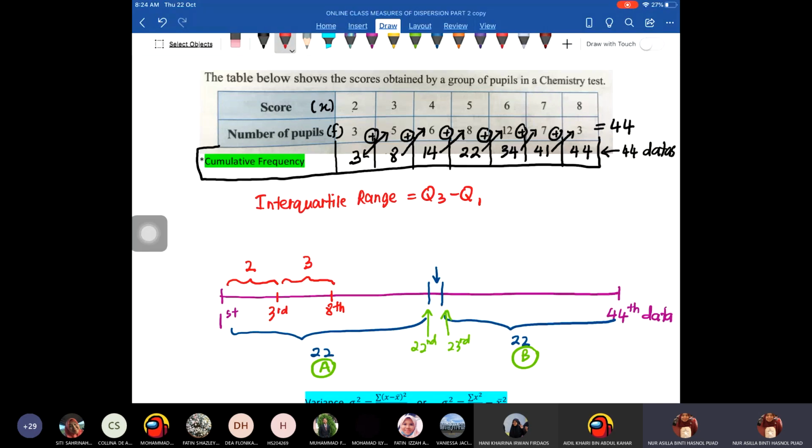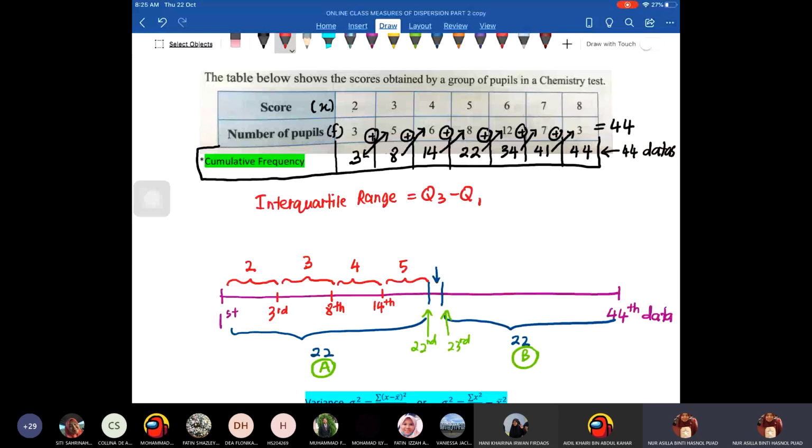Until, if you see here, in my cumulative frequency, I have 22. So my 22nd data is actually 5. Okay. So now I put here there is 14. So until 14th, my data is 4. 14th until 22nd, my data is 5.